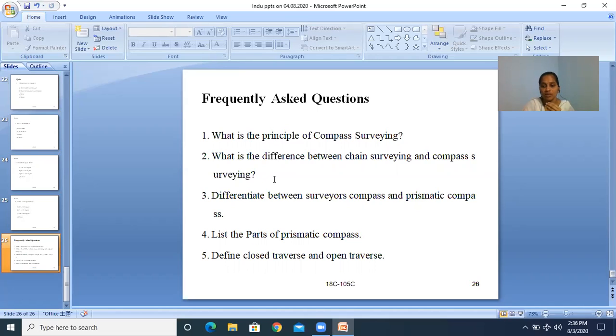We have the main parts of the compass; there are 8 parts. You can go through it, and then the different types of traversing, open and closed traversing.